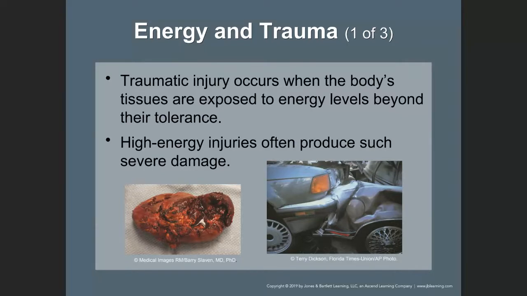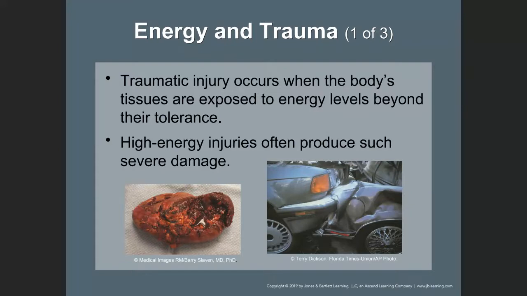So when energy is applied to the body in the form of force, if the body is not able to dissipate the force, it results in soft tissue injuries. The more concentrated this energy is, the more severe the injury will be.